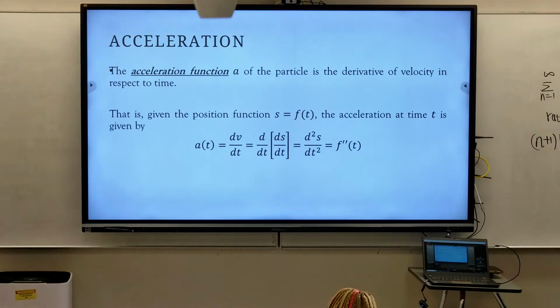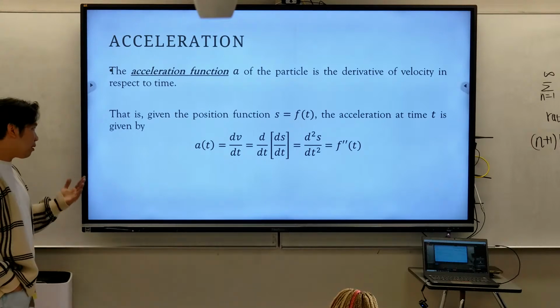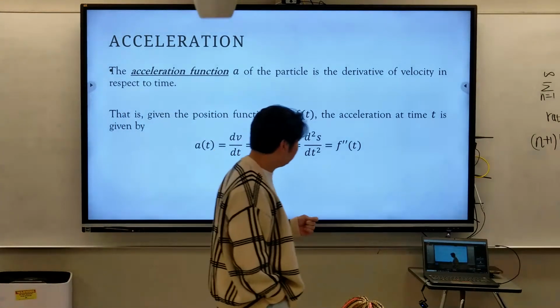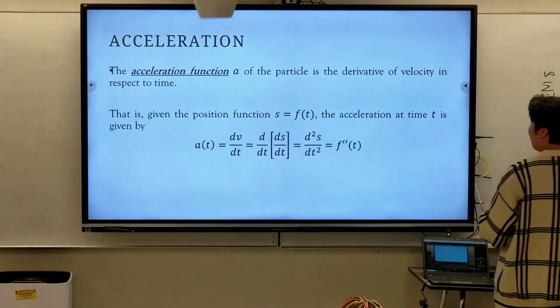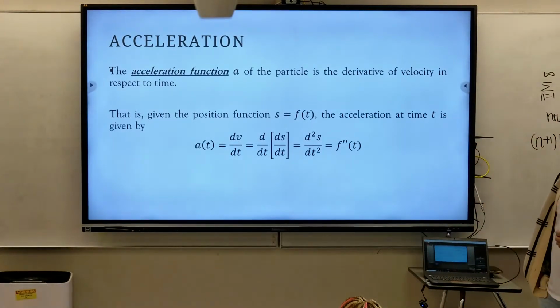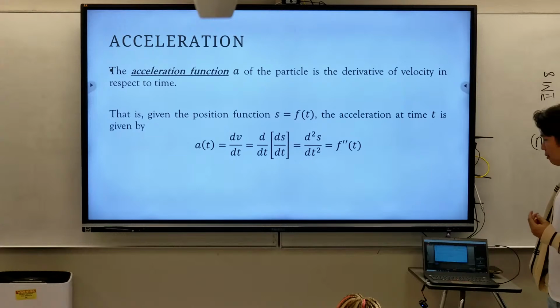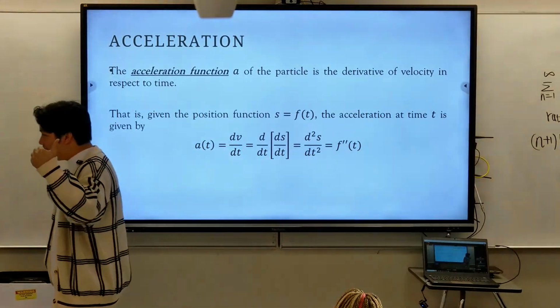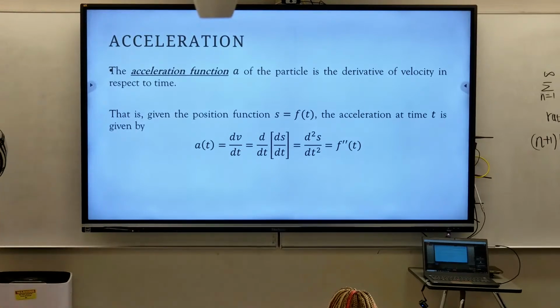So we use A for acceleration. This happens to be the derivative of velocity. So why is this the derivative of velocity, by the way? Well, first off, position you might measure in, for example, miles.